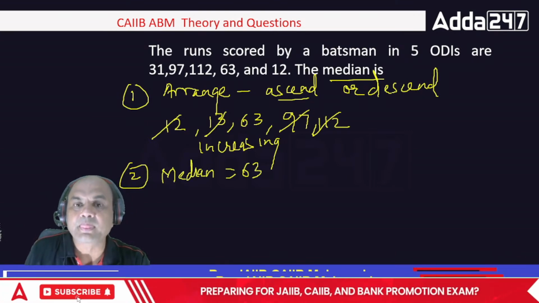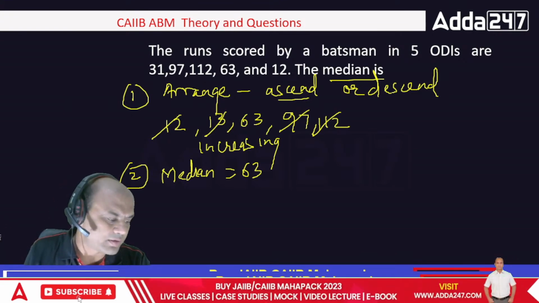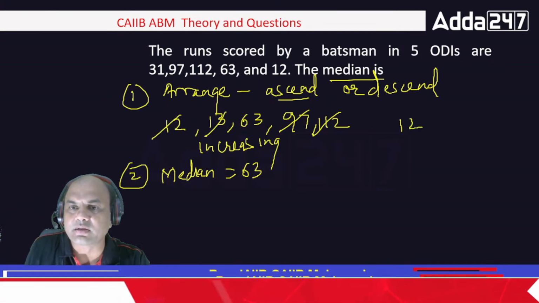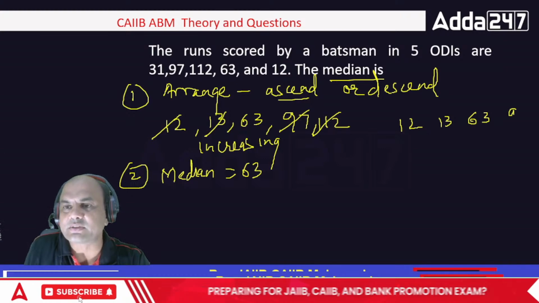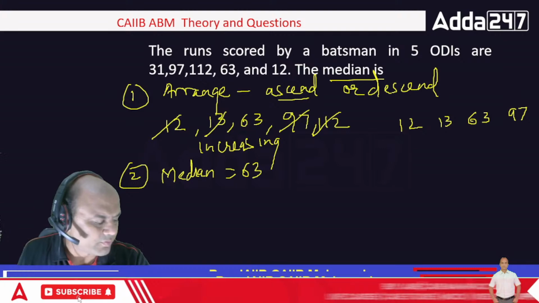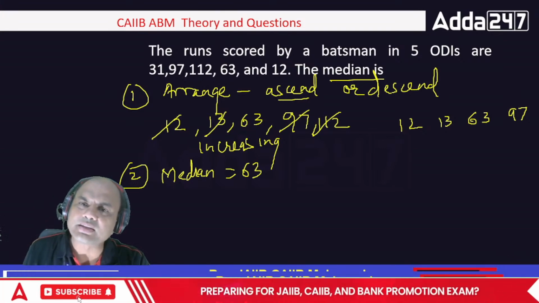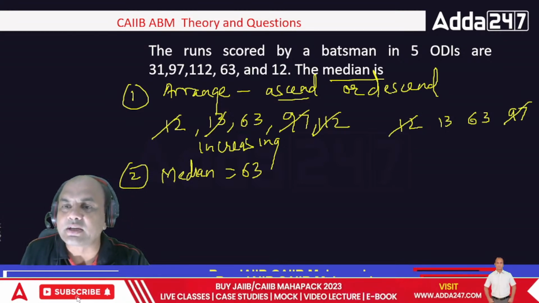Now you'll ask me, sir, this is easy. But if I have the numbers like 12, 13, 63, and the last one is 97, only 4 numbers, then what will I do? Again the same. Cancel the first one, cancel the last one, come up to the center.